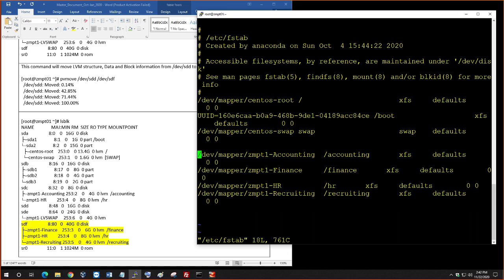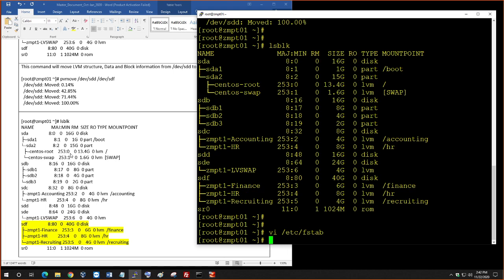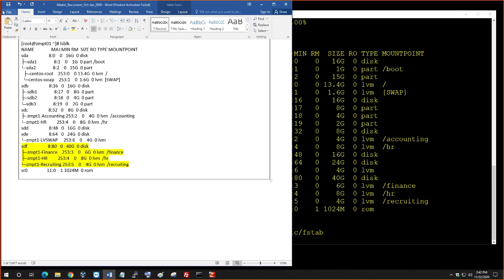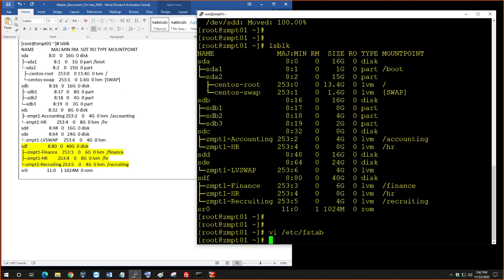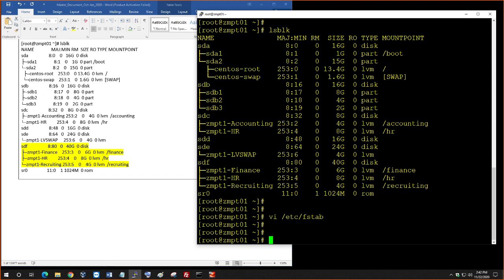So what happened here is it's using this mapping to map to the new drive. Okay, so let me go ahead and update this here.